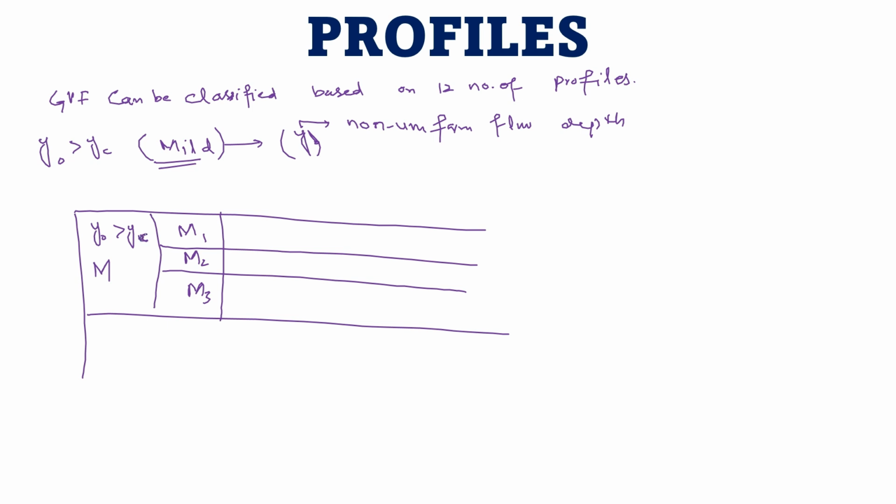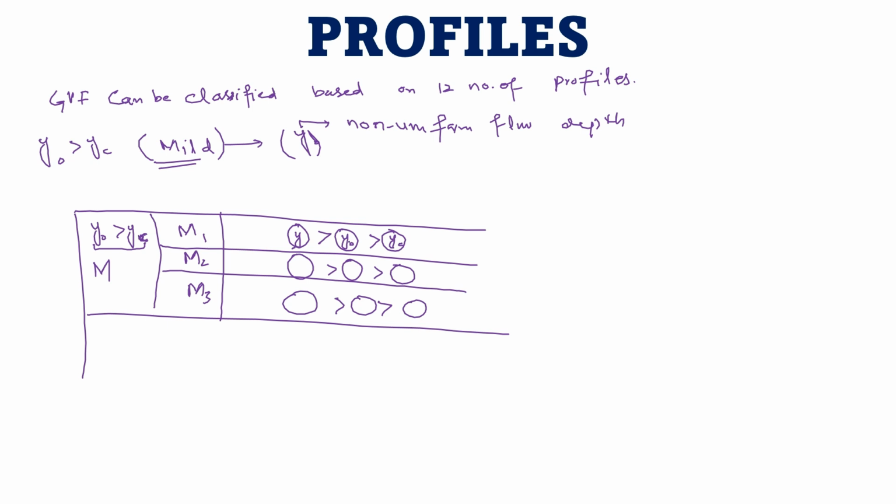If Y naught is greater than YC, the profile is simply M. So you just need to arrange the things. Draw three circles and place greater signs here. Again, draw three circles in the next section and put greater signs here. Again, draw three circles in this section and put greater signs. For the M1 type, our non-uniform depth Y will be greater than Y naught, and Y naught will be greater than YC.